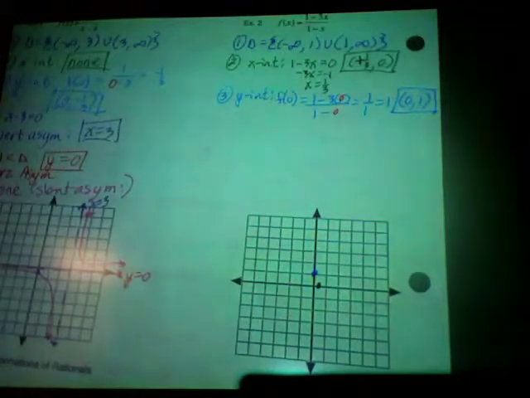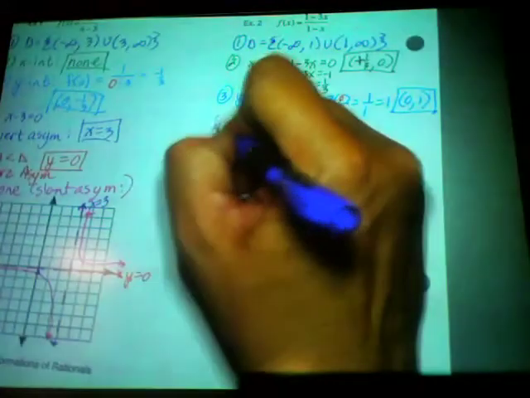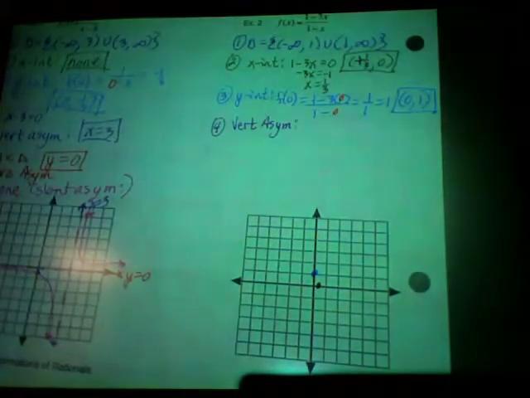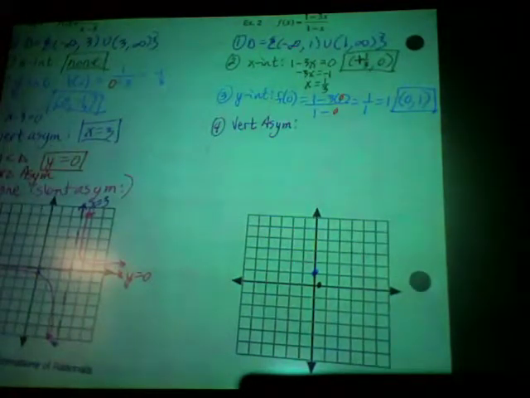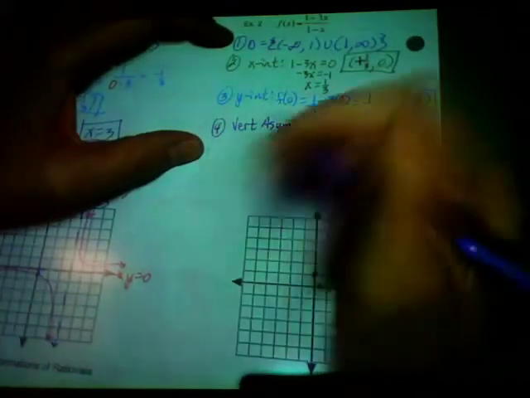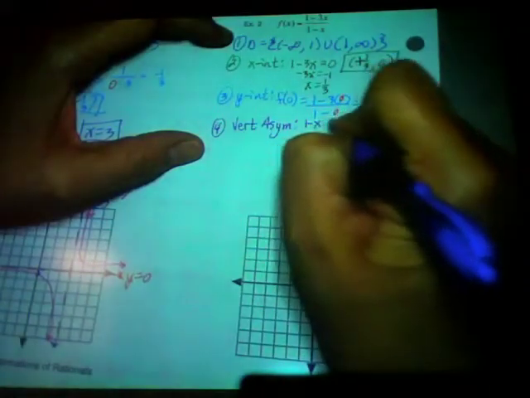Then we have to find our vertical asymptote. What do we do for a vertical asymptote? Yeah, we already found it with our domain, didn't we? We set 1 minus x equal to 0.